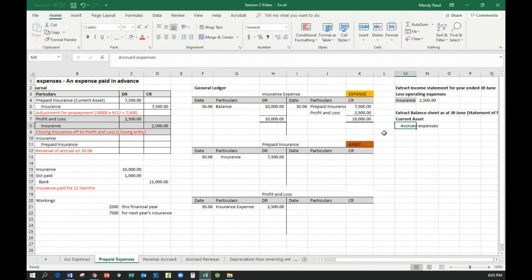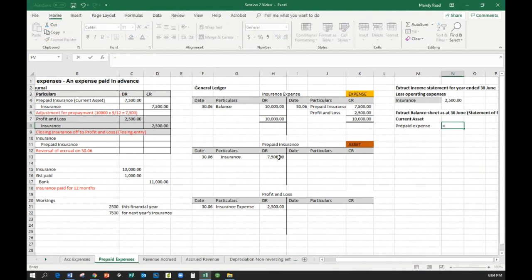And this current asset is a prepaid expense. Our current asset, our prepaid expense, is $7,500. And that is our prepaid expense.